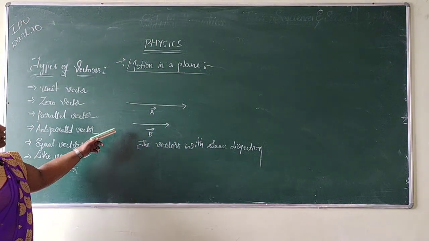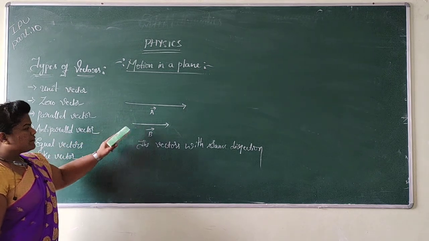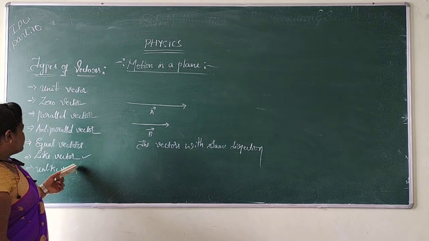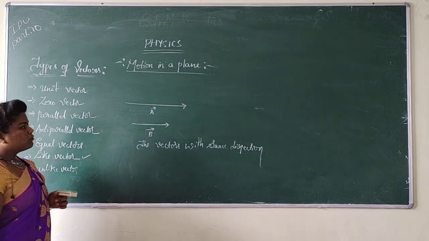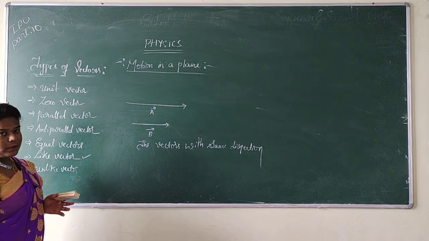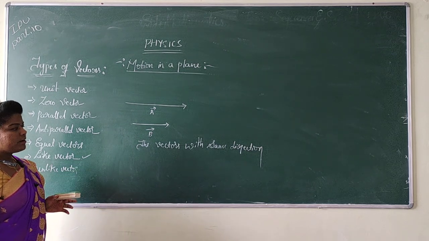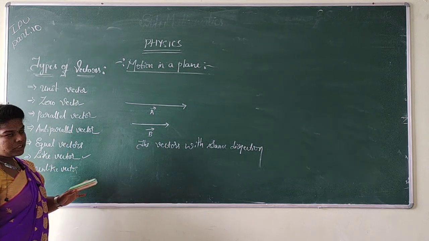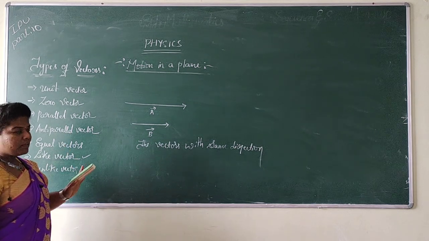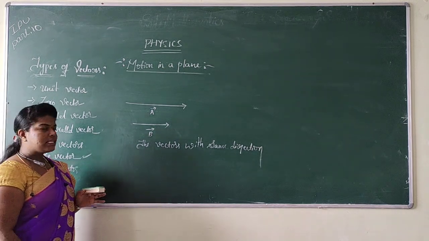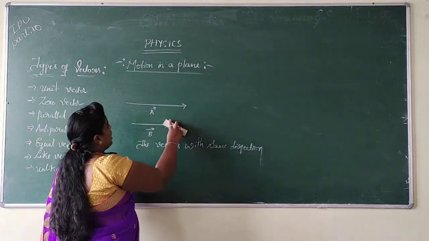You can observe here the magnitude of A is different from the magnitude of B. In defining like vectors, we are not considering the magnitude, we are considering the direction only. If the direction of the two vectors is the same, then those vectors are called like vectors.